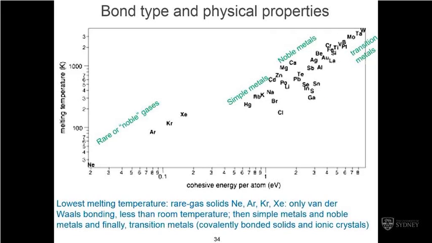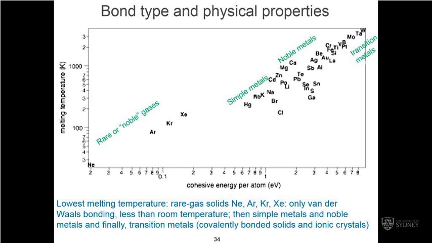Okay, so now we want to look at this, which reflects the melting point as a function of the cohesive energy. It's on a weird scale here, a bit of a log scale, and this is temperature in Kelvin.